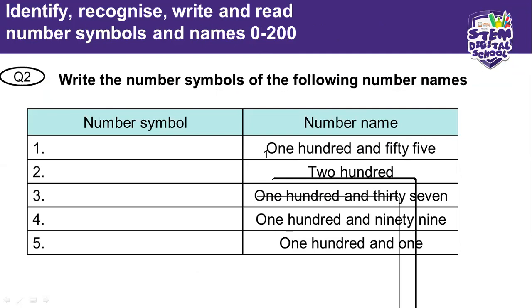What is the number symbol for this number name, 155? So write it using number symbols. Okay, I'm also writing it. I'm finished. I go to the second one. 200. They say write 200 using the number symbol.